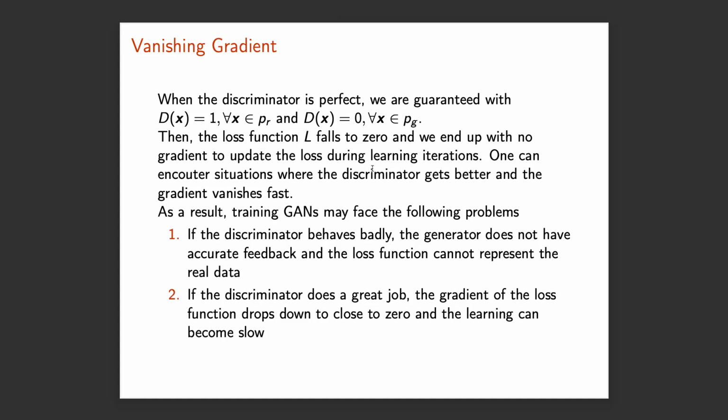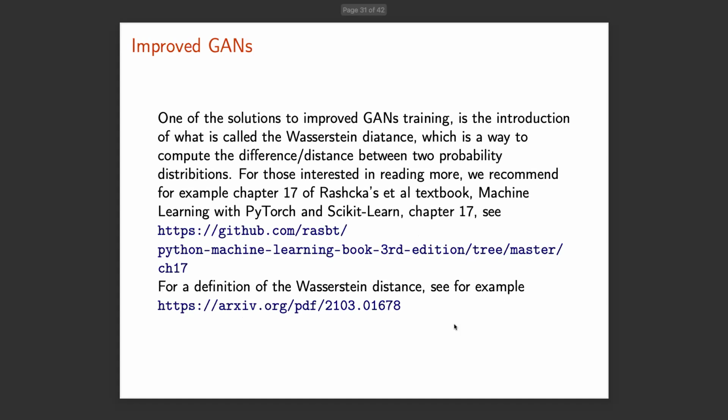You can encounter situations where the discriminator gets better and the gradient vanishes fast. So the discriminator behaves badly and the generator does not have accurate feedback. The discriminator does a great job, the gradient of the loss function drops close to 0, and the learning can become slow. These are some of the problems.